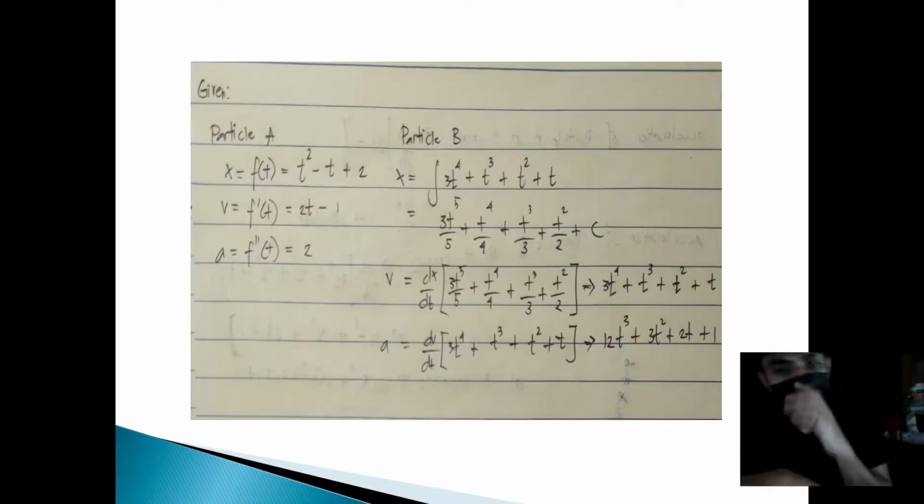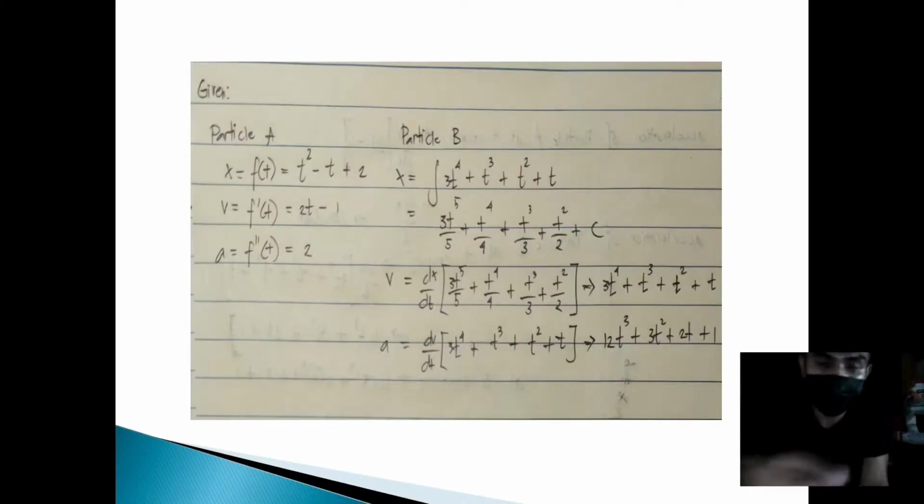particle A. Okay, so for particle B, the given is the velocity. So in order to find the formula for displacement, we're going to integrate it. So we need to integrate it. So that's going to be the integral of 3t raised to the 4th plus t cubed plus t squared plus t, with dt, with respect to t.